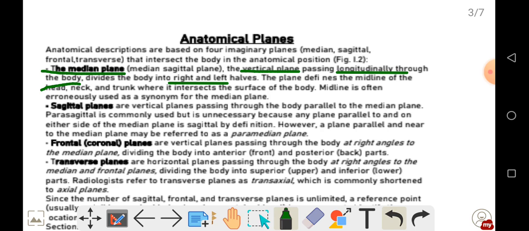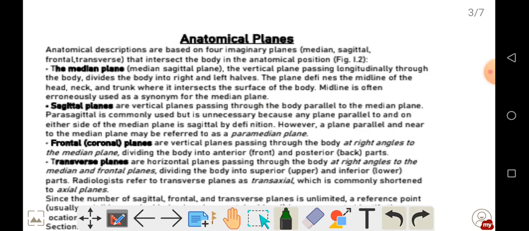The plane defines the midline of the head, neck, and trunk, where it intersects the surface of the body. Midline is often erroneously used as a synonym for the median plane.